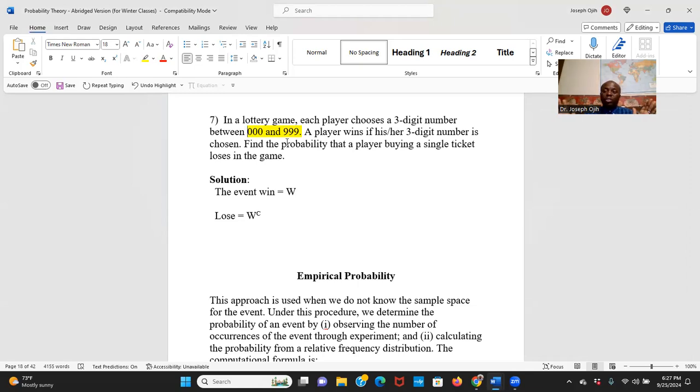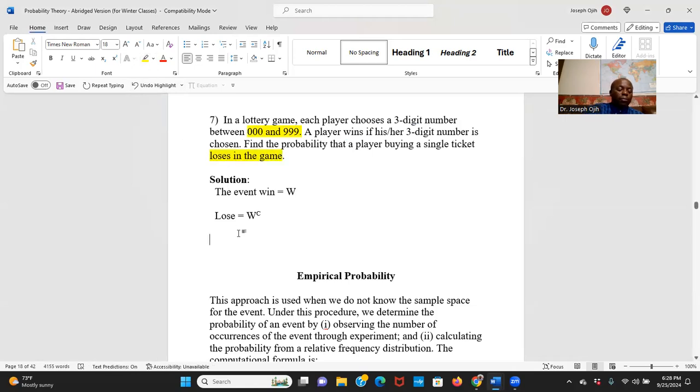That means 1,000 numbers. Now, we need to find the probability that a player buying a single ticket loses the game. That means you need to find a complement.